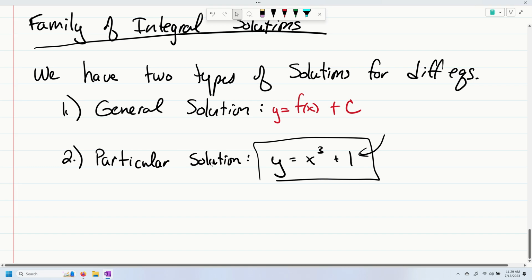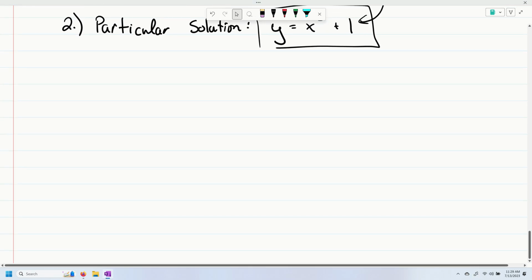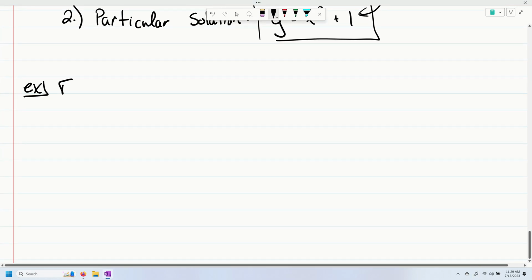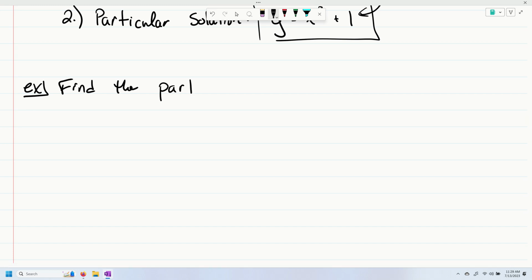So let's go ahead and do a very simple example. We're going to want to find the particular solution. So this is a specific one.